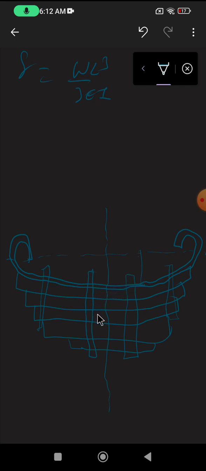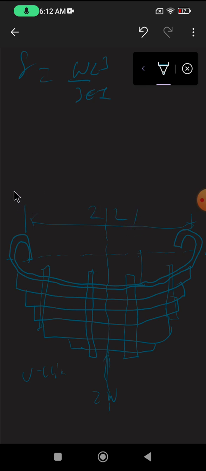Now the first two clips are called the U clips. Here the load 2W will be applied, and the distance between the two eyes is called 2L1.